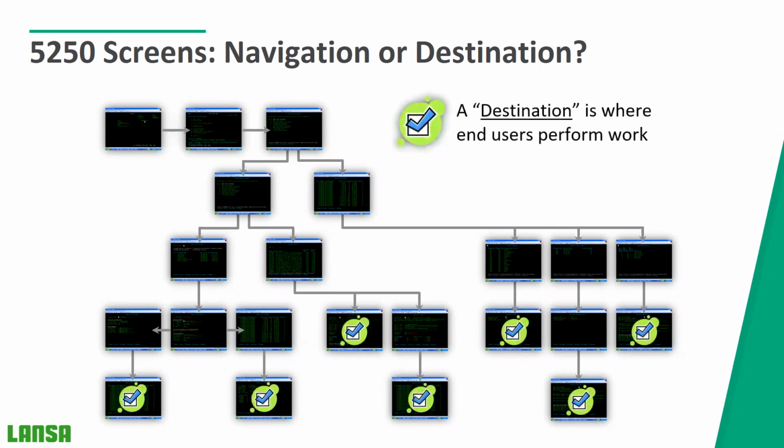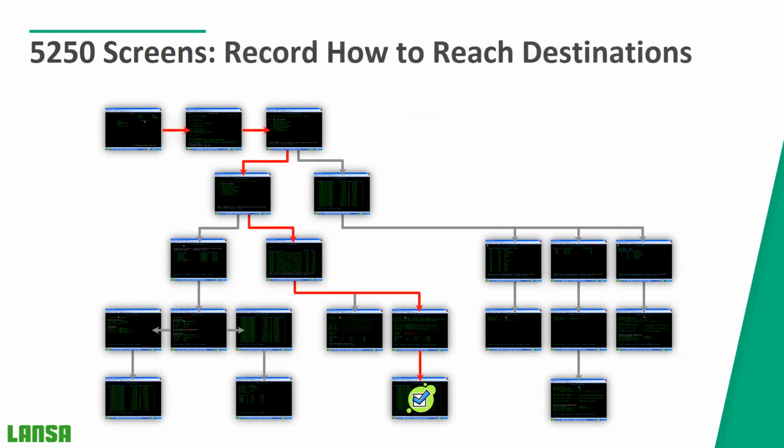So we like to categorize them as destinations. You can see those at the bottom. These are the screens where the user actually performs work. Or navigation screens, they're the ones you see at the top. They're the screens that take the user around the system so they can get to those screens where they do work.